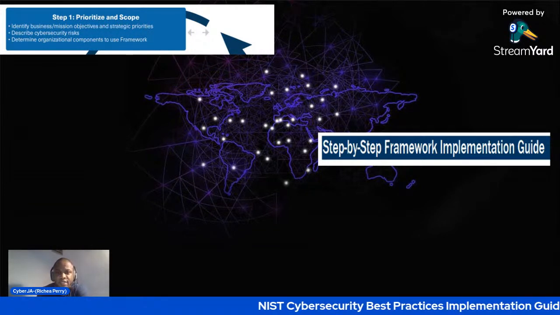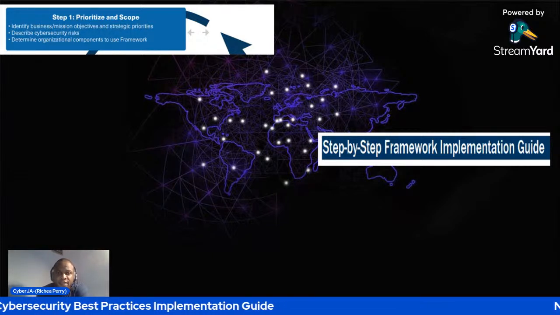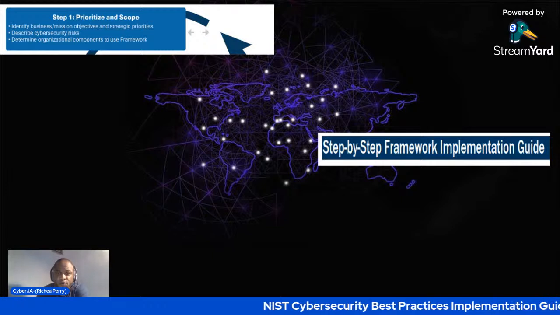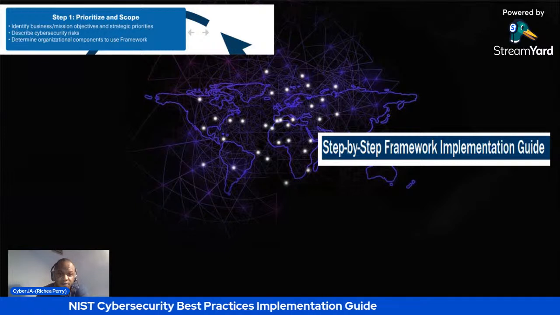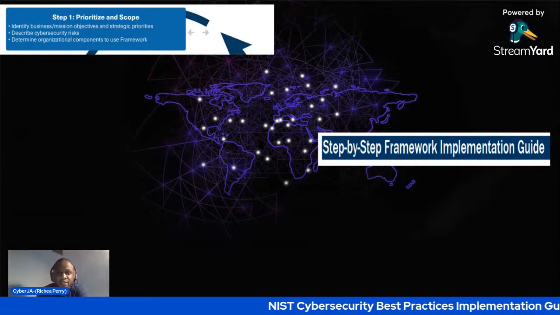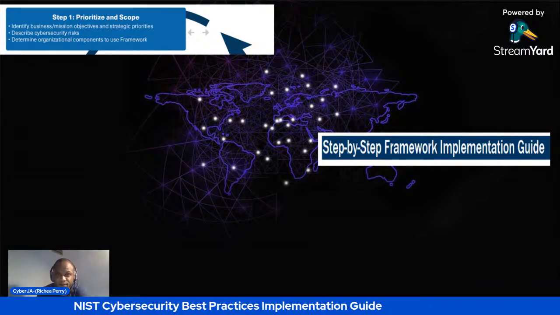So with this information, an organization, or you can help the organization, make decisions regarding cybersecurity implementation and determine the breadth and scope of systems and assets that support its objectives. An organization can adapt the framework to support different business lines or processes which may have different business needs and associated risk tolerance.